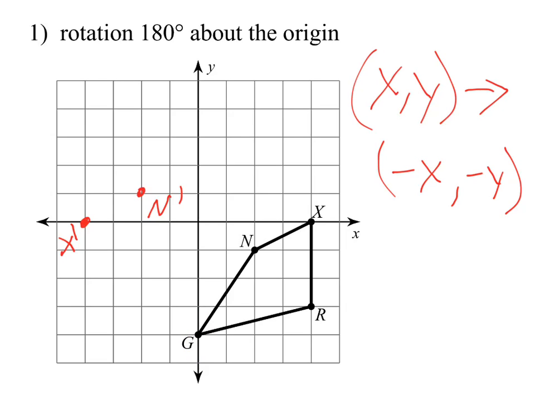Now it's going to be at (0, 4). And then R is at (4, -3). It's going to be at (-4, 3). And that gives you my R prime. And you can connect those up to make your figure. So it's the same figure, just did a 180 around the origin.